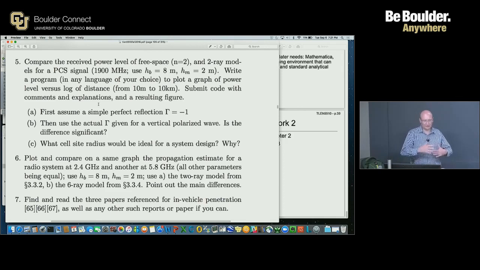But to build the 2-ray model, you have to write a program. It used to be very hard to get access to MATLAB. Hopefully you can have it. If not, if you have a Mac, Python could do it. I mean, there's lots of ways to get to it. I just want to make sure you all have a way to do it. Does that seem fair?